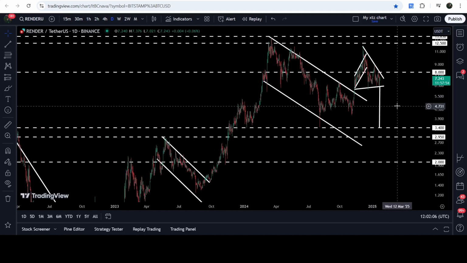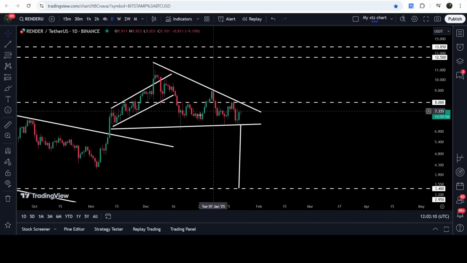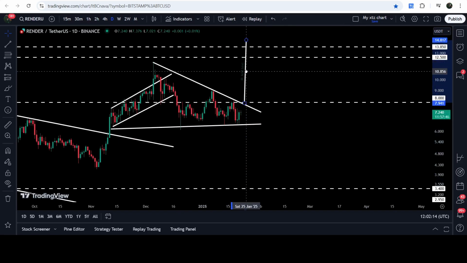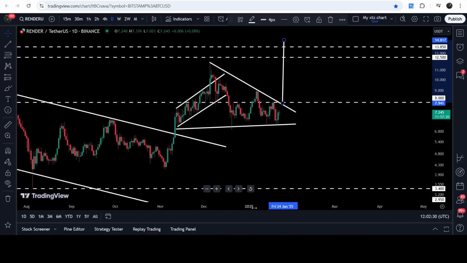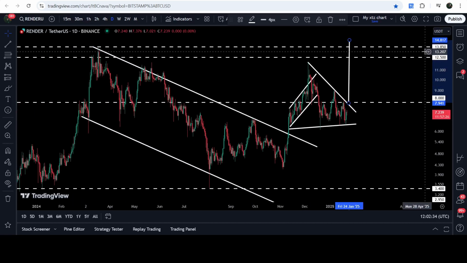Therefore, again, it can work as a strong support for the price line of Render. And in case of breaking out, we can expect a very massive pump to the upside, and that target will be slightly higher than this resistance from $12.50 to $13.85. By the way, the technical target for the breakout from this recent down channel is also here at the top of the channel at $13.85 as well.